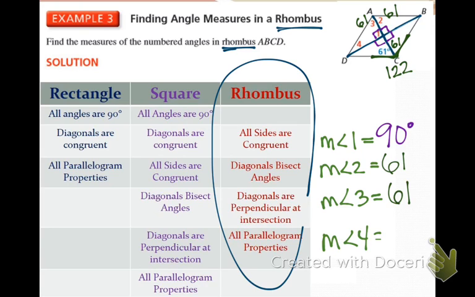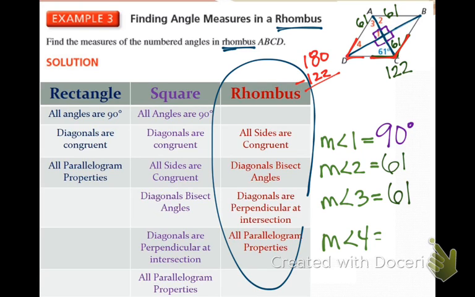And then the last, you can solve one of two ways. If this whole angle of C is 122, angle D is right next to it, so they're consecutive. So they're supplementary. You know they're supplementary, so they add up to 180.